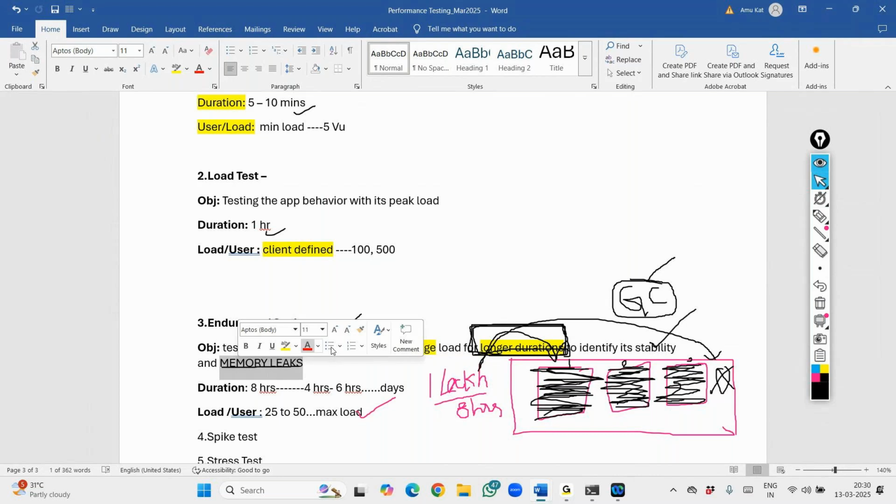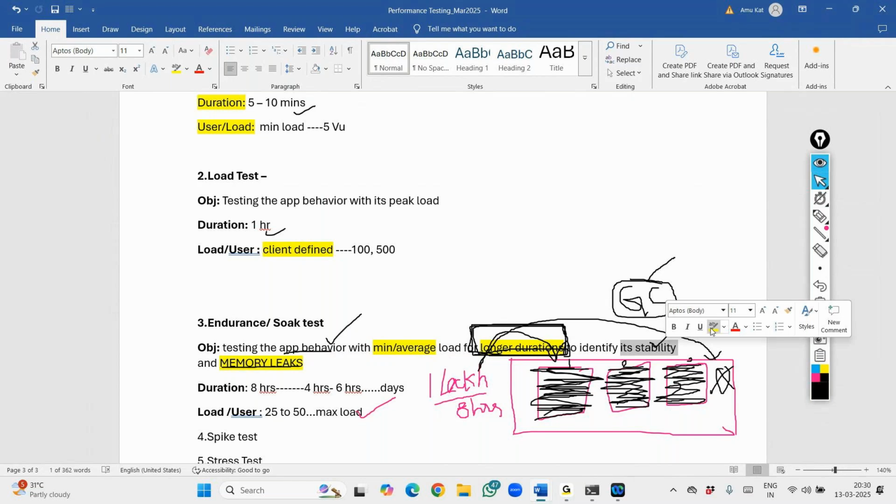That's the main objective: maintaining stability and identifying memory leaks.